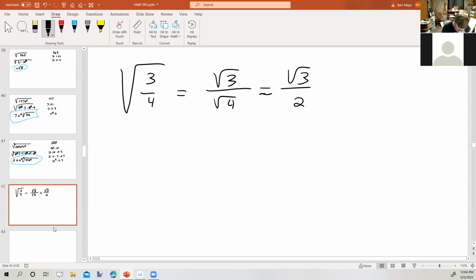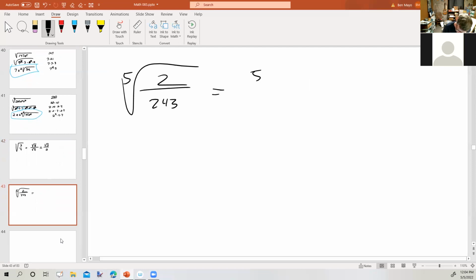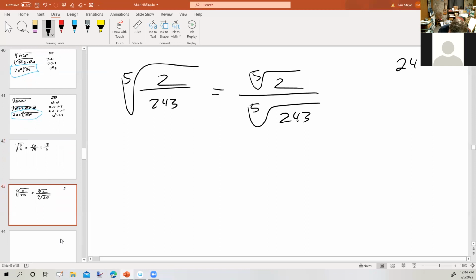And let's take a look at this one. The 5th root of 2 over 243. So that's the 5th root of 2 over the 5th root of 243. Well, 243 is 3 times 81, which is 3 times 9 times 9, which is 3 times 3 times 3 times 3 times 3, which is 3 to the 5th power.